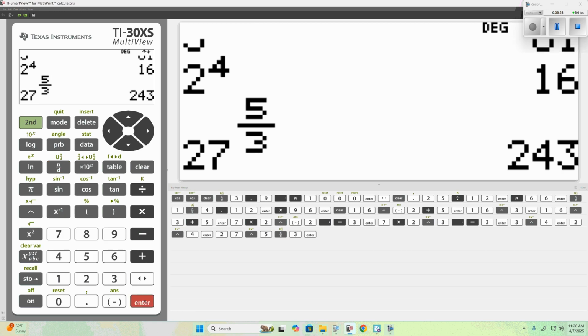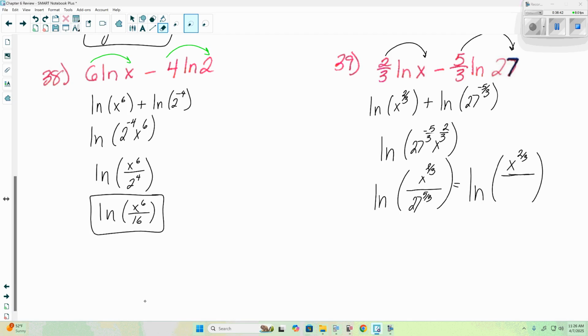If we have a number to a fractional power, plug it in the calculator, check and see what you get. Here, 243 is a nice number. If we get a number that does not have a decimal, replace it. If you got some non-repeating, non-terminating decimal, leave it in fractional power. But I believe all the ones on this here, if we have a number to a power, should reduce nicely. And that's it for that one there.